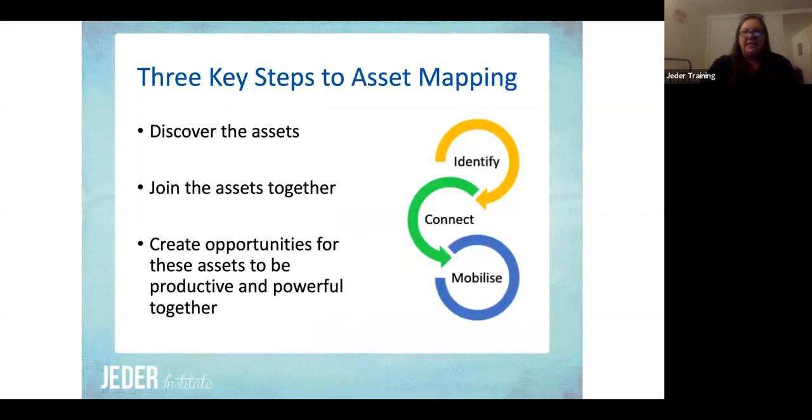I think that's it. So the 3 key steps that we talk about with asset mapping is that you discover what they are, of course, join them up, but that's not the end of it. We don't just join them up and go, happy days.